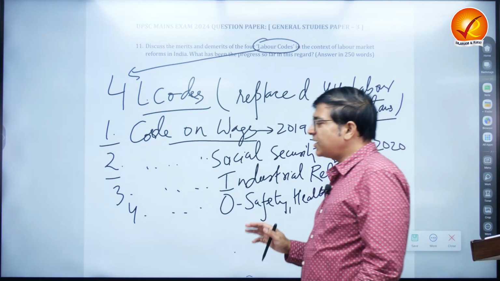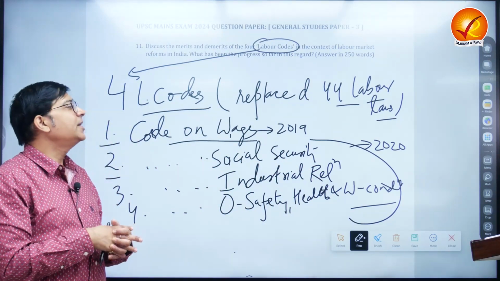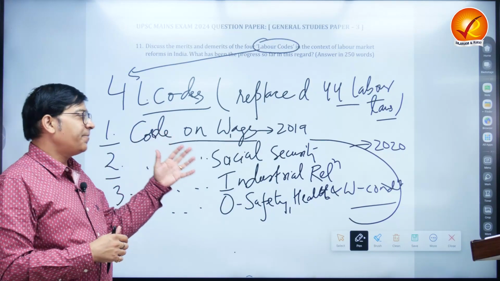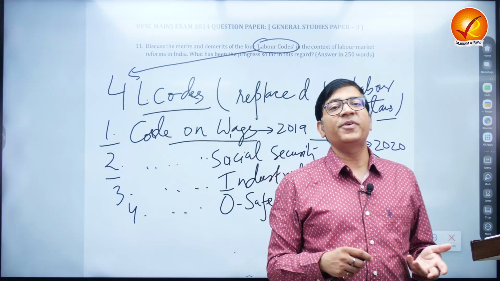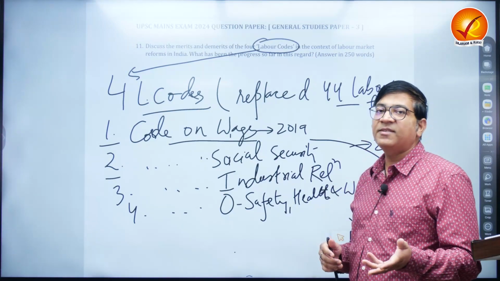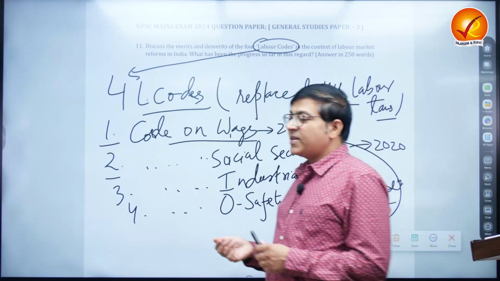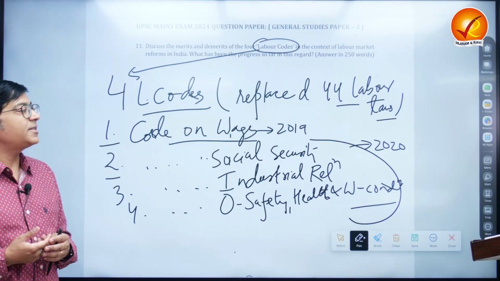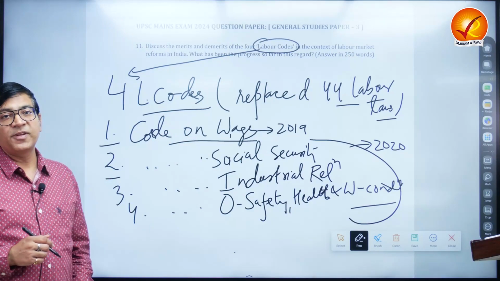You have 2 options here. Either you can talk about merits as a whole, which is also fine. When you are talking about these merits as a whole, you can say it can ensure ease of doing business because there is simplification of the labor laws, etc.; the businessmen and industries have to fulfill fewer legal requirements. Or you can say that relatively the wages have been increased, which is why it is not sacrificing the workers' welfare.